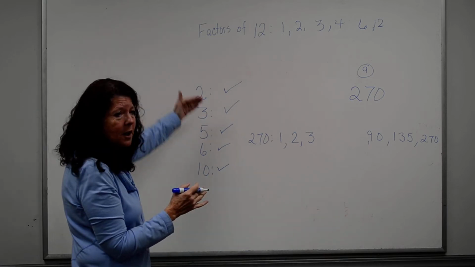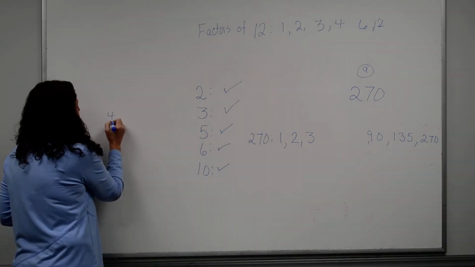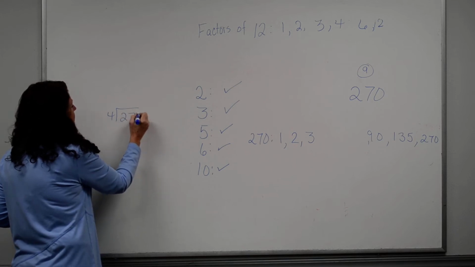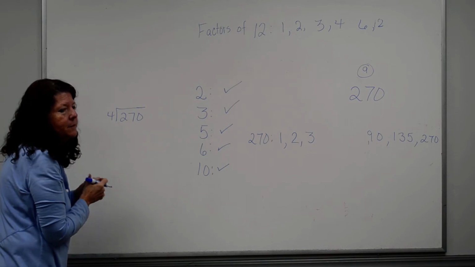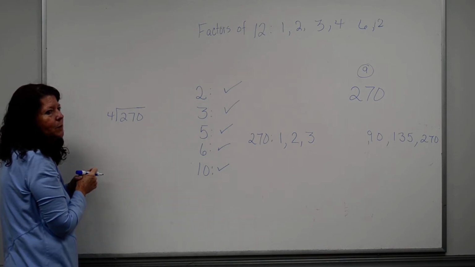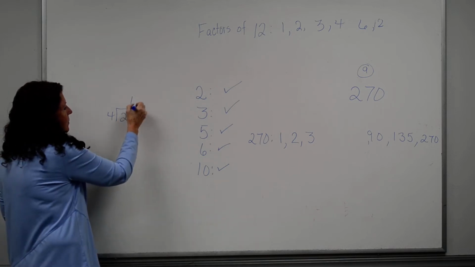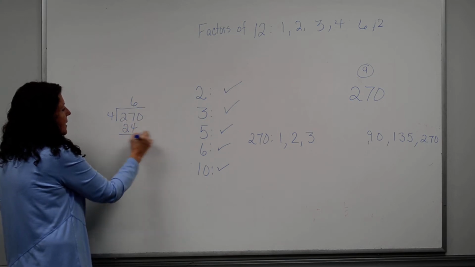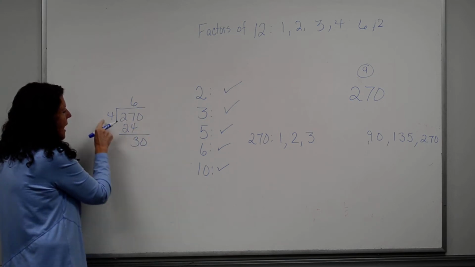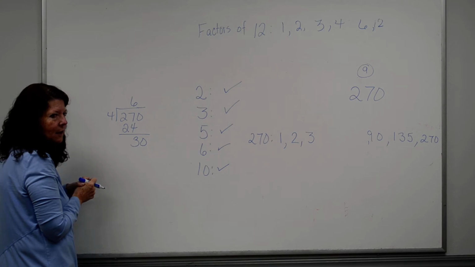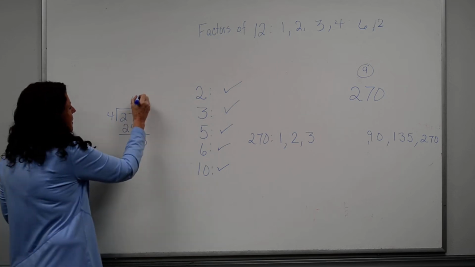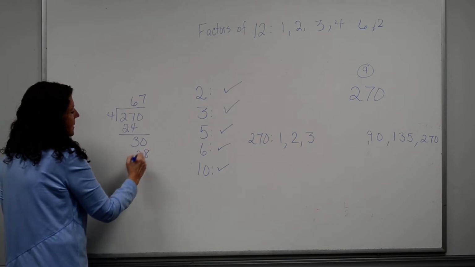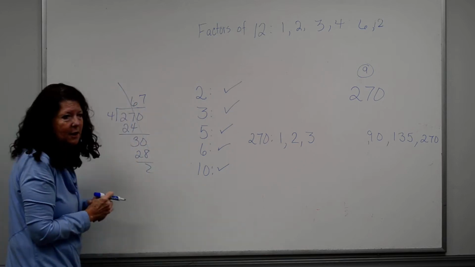Now we don't have a shortcut for 4, so over to the side we're going to go: 4 into 270. Does 4 go into 27? I'm going to get a 24 out of that. I'm going to subtract. Does 4 go evenly into 30? 4 times 7 is 28, but then I have a remainder. So 4 doesn't go into it.